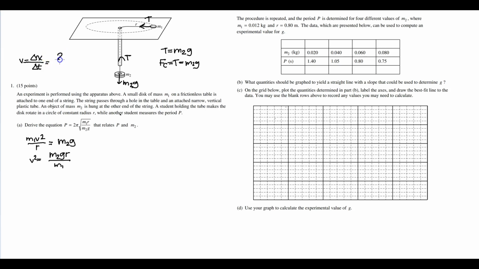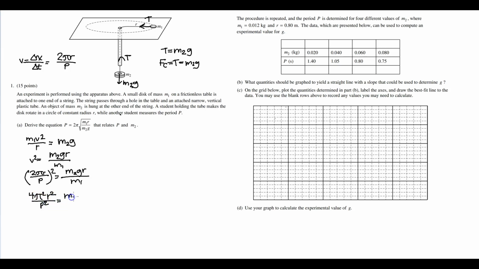So it should be 2 pi R over P. All right. So that'll be 2 pi R over P, squared, equals M2GR over M1.